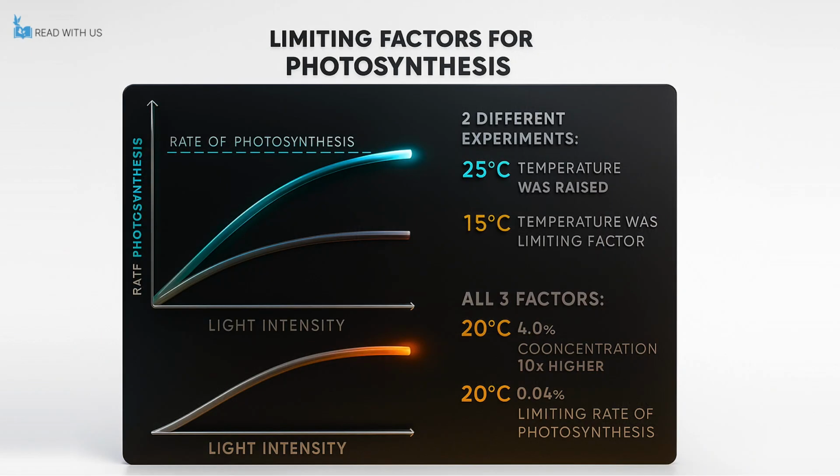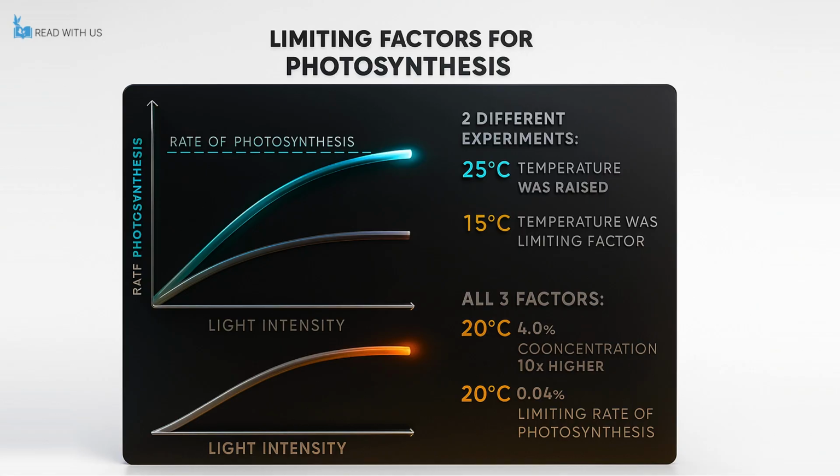Sometimes scientists and students use graphs that show how more than one limiting factor influences photosynthesis at the same time. For example, a graph may contain 2 curves representing 2 experiments, one performed at 15 degrees Celsius and another at 25 degrees Celsius. By comparing these curves, we can conclude that temperature was the limiting factor in the cooler experiment, as the rate of photosynthesis was significantly higher when the temperature was increased.